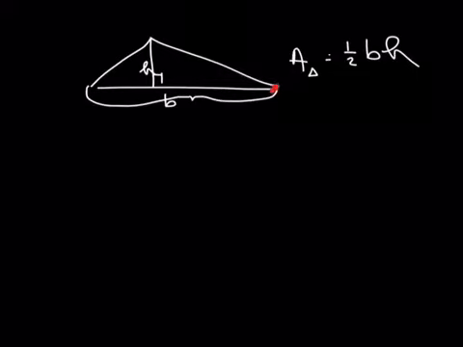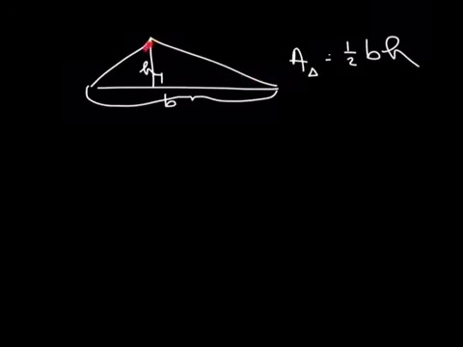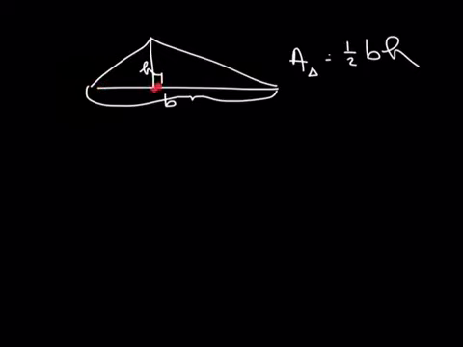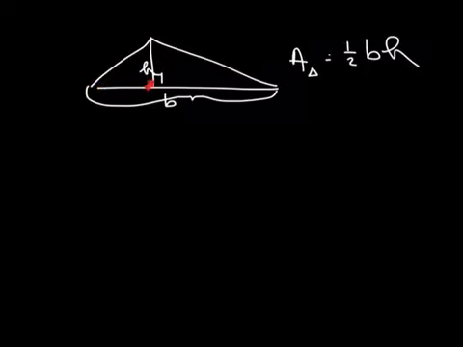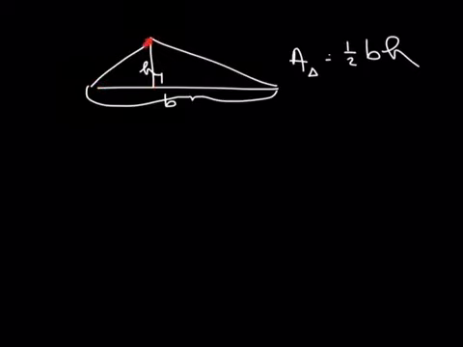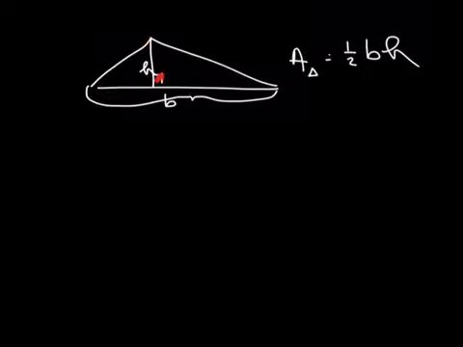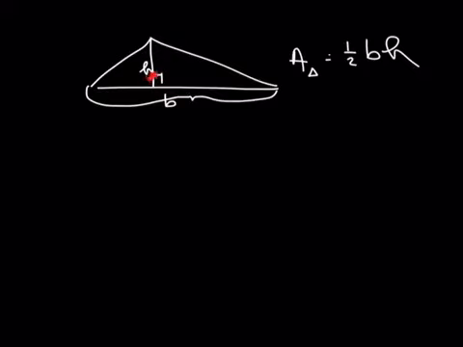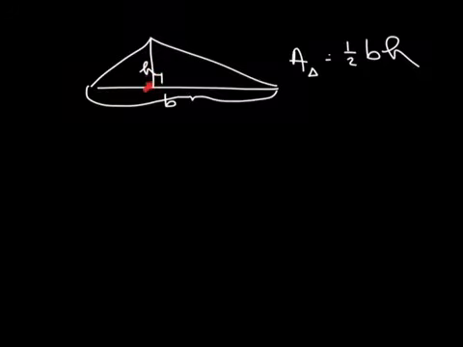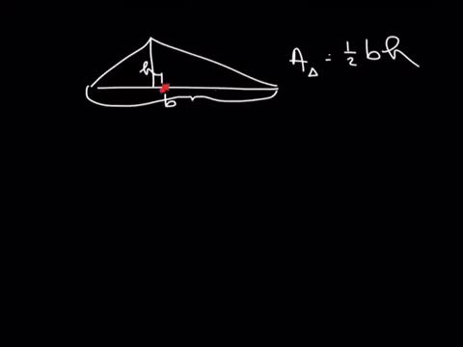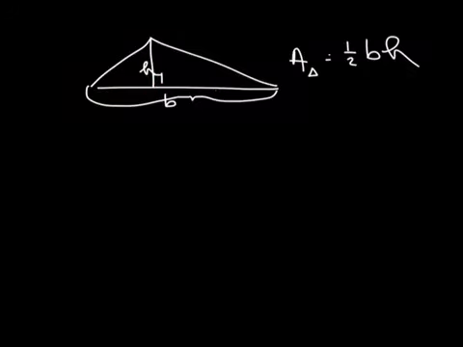Key thing: this is not the height, nor is this the height. The height is always from the base straight up to the very tippy top of the triangle. And this little box here means that it's a 90-degree angle or a right angle, or that it's perpendicular. Perpendicular is a line that forms a 90-degree angle with another line. So that's what the height is.